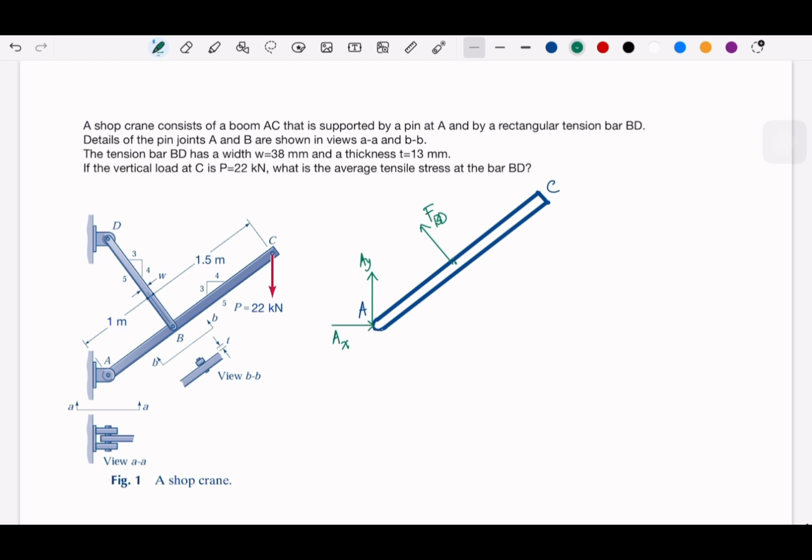And then we have the triangle, right? I can make the same triangle here. 3, 4, 5. And then we have, let's say, 22 kilonewton.